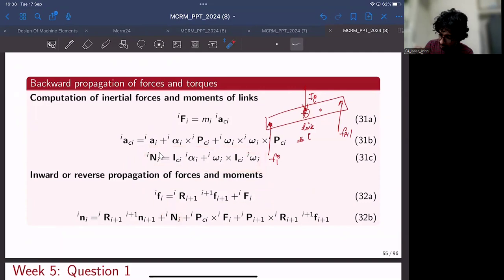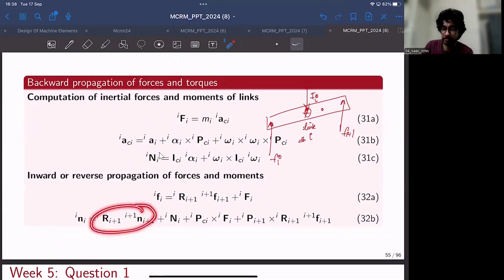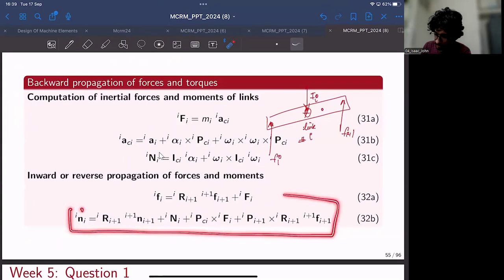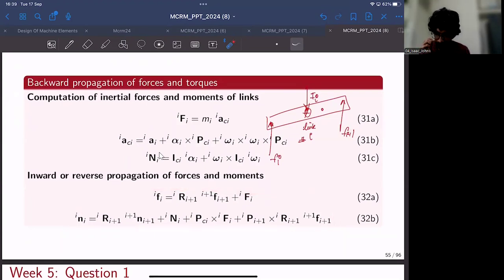And there should also be a moment component, Ni plus 1. That is this term. So from a free body diagram, again, you will be able to propagate the moments in the backward direction as well.